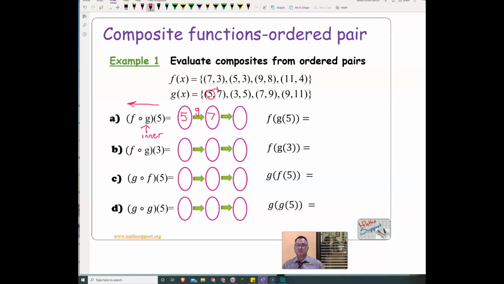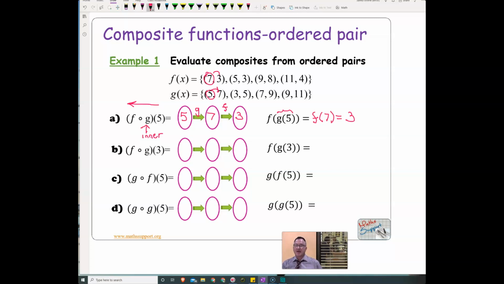So this part right here becomes a 7. And if I was writing it using function notation, I'm now going to be figuring out what's f of 7. Okay, so this now is the input for function f. So when the input is 7, the corresponding output is 3. So this is equal to 3.